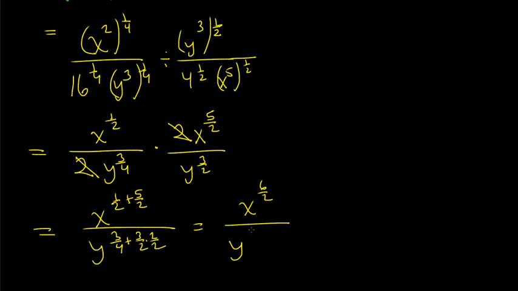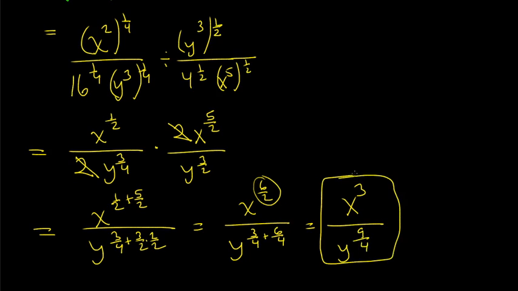So this is going to be y to the 3 over 4 plus 6 over 4, which I think is 9 over 4. So we get x to the 6 over 2 is 3, so x cubed. And then y to the 9 over 4. So I think that's it.